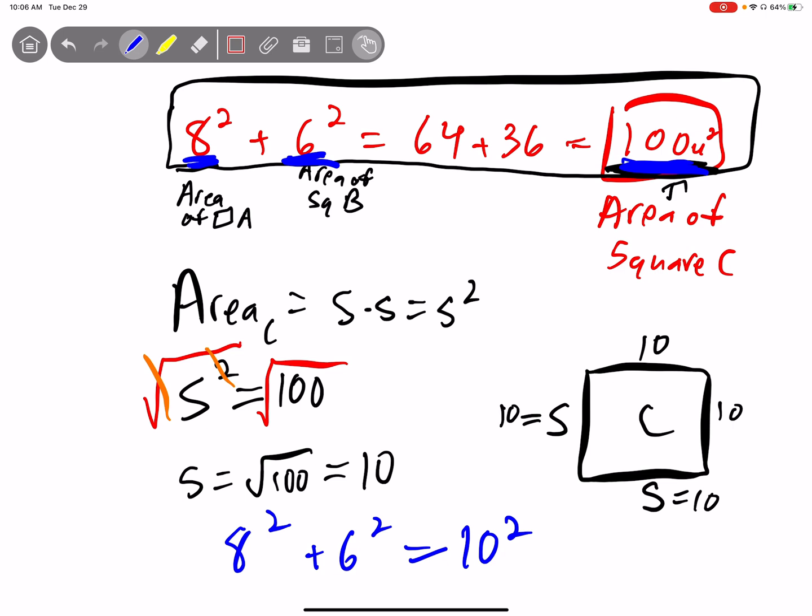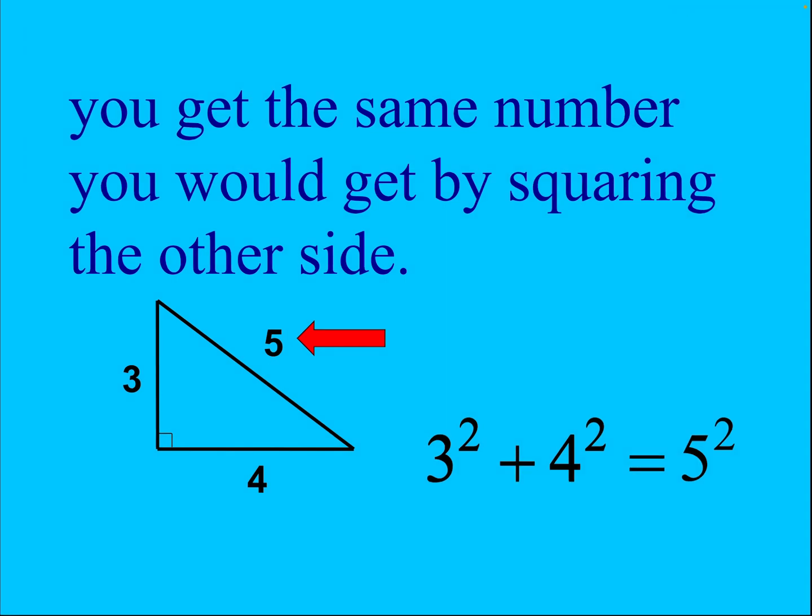Again, Pythagoras found out that if you square one of the sides that makes up a right angle, and square the other side that makes up that same right angle, and you add them together, in this case 3 squared plus 4 squared, it gives you this longest side squared. And this works every time as long as the triangle is a right triangle.